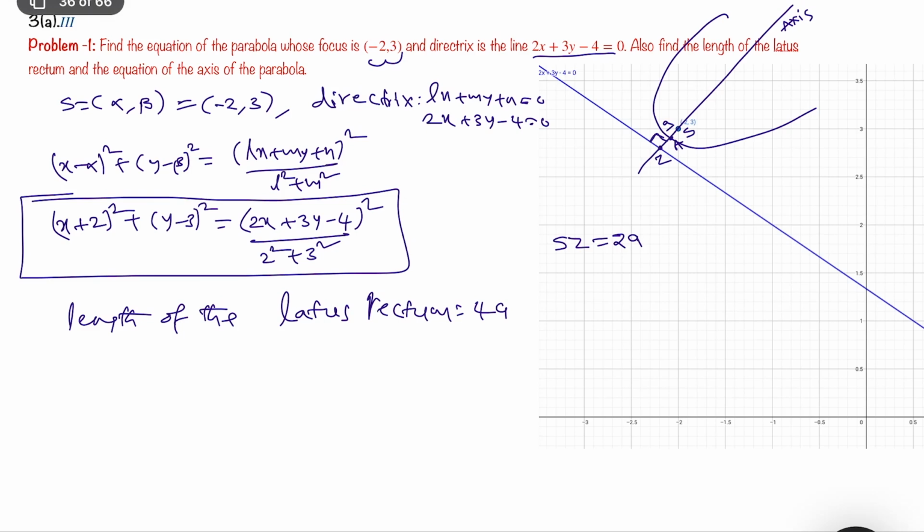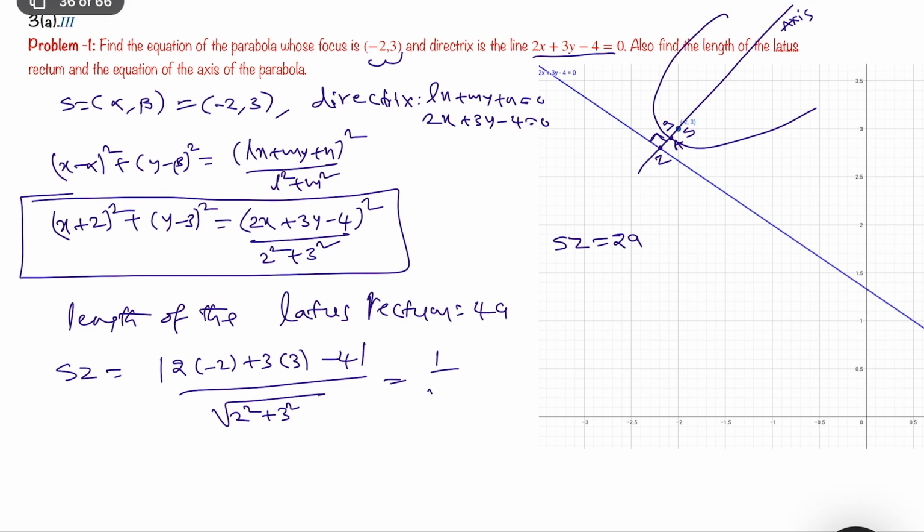What is SZ here? The perpendicular distance from focus to directrix. So SZ will be equal to mod of (2 times minus 2 plus 3 times 3 minus 4) by under root 2 square plus 3 square. It's going to be 1 by root 13. So 2a equal to 1 by root 13.